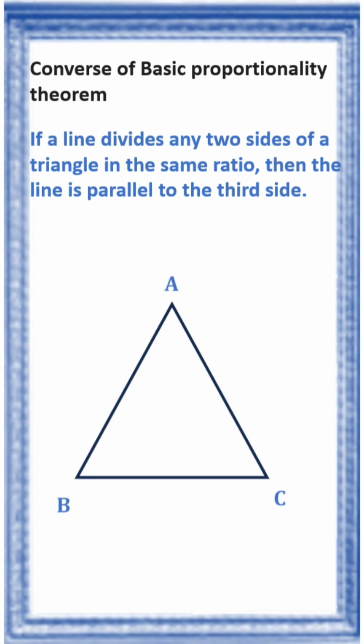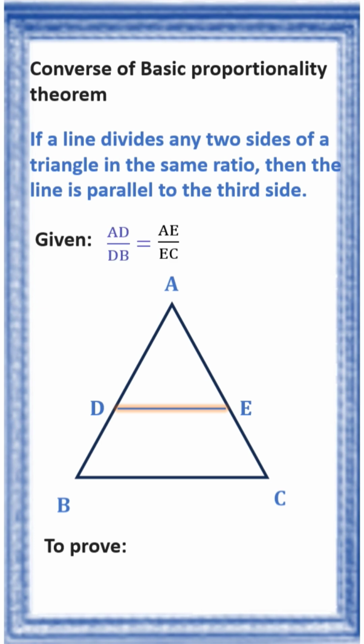Triangle ABC and a line DE cuts the other two sides, means AB at D and AC at E, in the same ratio, means AD divided by DB is equal to AE divided by EC. What is to prove? The line is parallel to the third side.